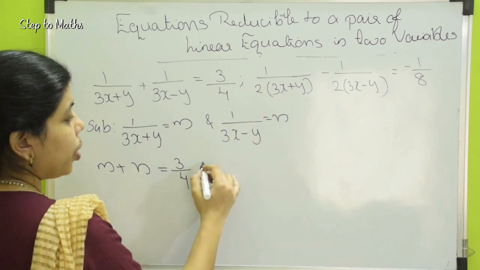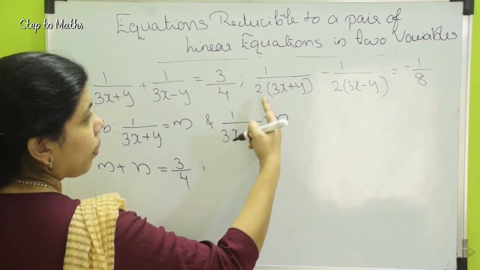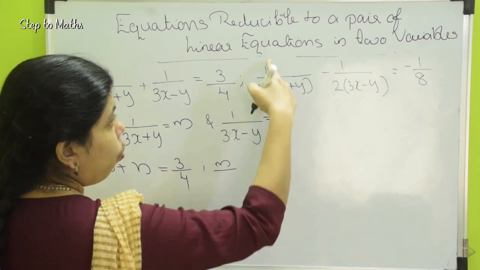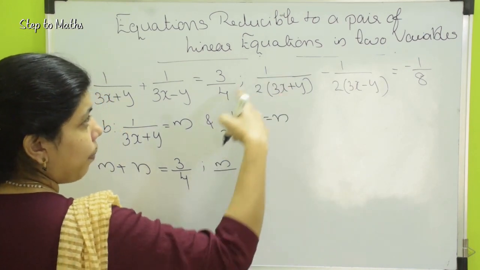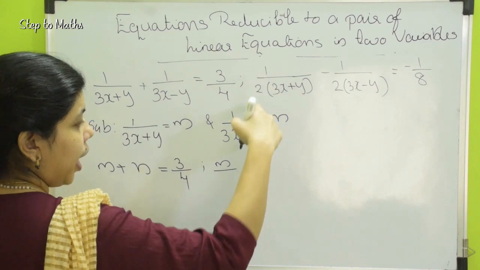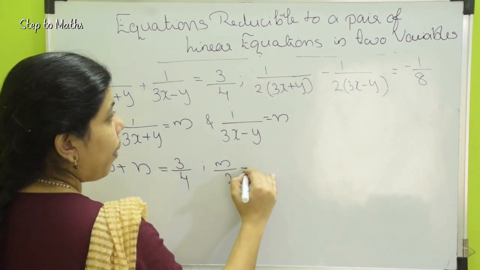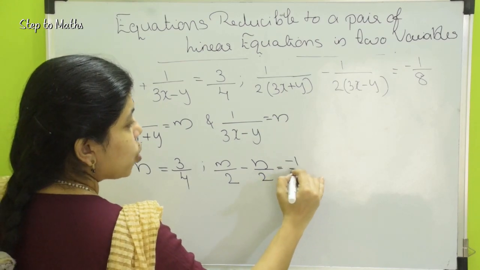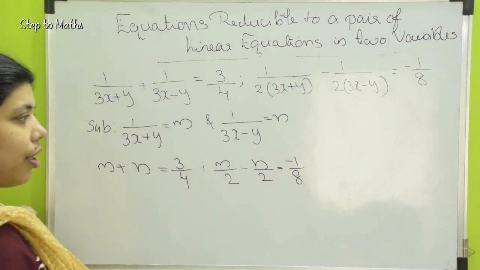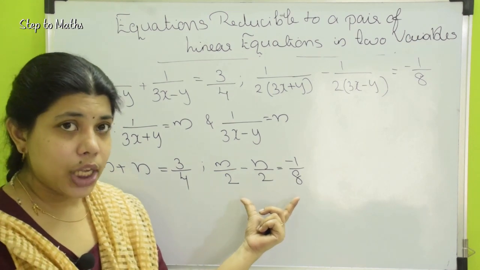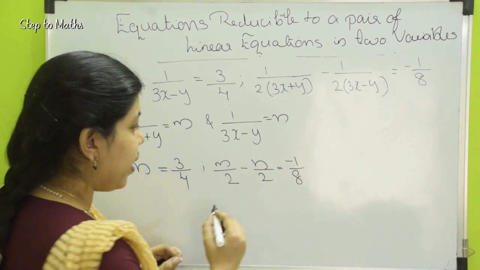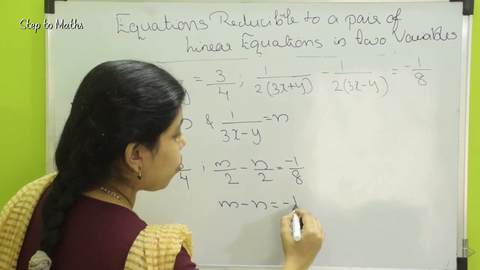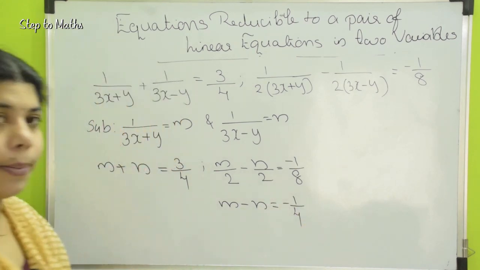And in the second equation, 1 upon 3x plus y is m, so it is m upon 2 minus n upon 2 is equal to minus 1 upon 8. If we multiply this equation throughout by 2, what we will get? m minus n is equal to minus 1 upon 4.